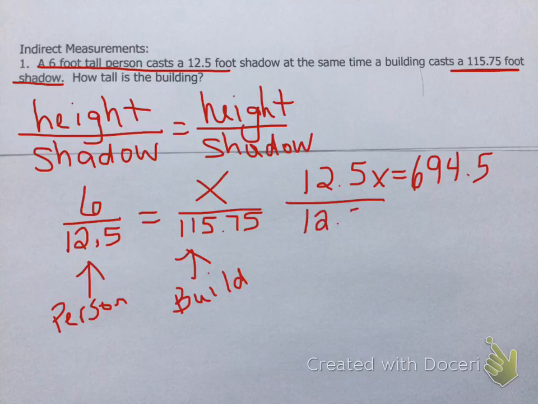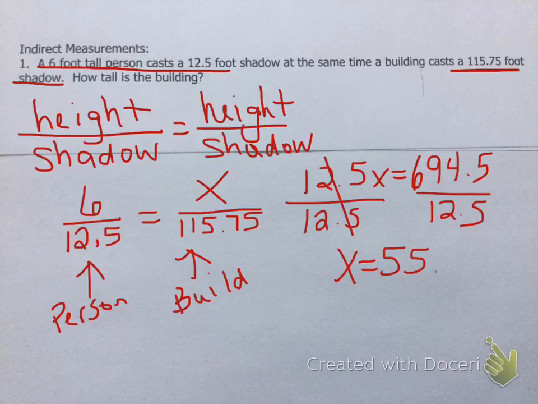Solve that. Divide by 12 and 5 tenths on both sides. And you get x equals 55.56. 55 and 56 hundredths feet tall. That's the actual height of the building.